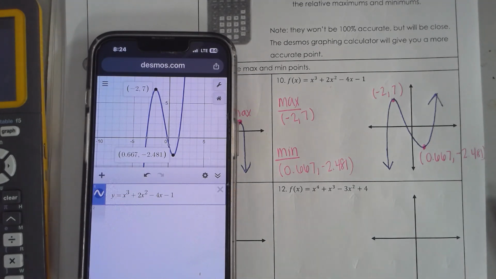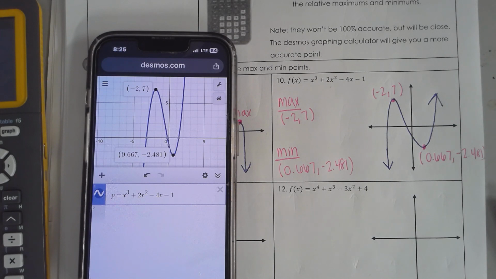Before you go on, let's tell me about the end behavior of number 10. So what's happening on the left? The y values are going down. What's happening on the right? The y values are going up. So if I was going to write this out using limit notation, here's what I would say.